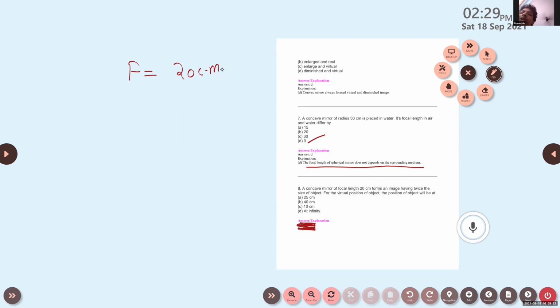Concave. Then what about the focal length of a concave mirror? Negative. Yes, very good. Focal length of a concave mirror is always negative, so you must put a negative sign here. Focal length f is equal to negative 20 centimeter.